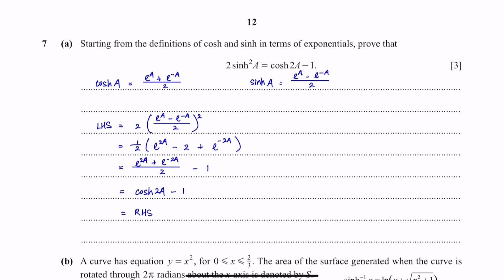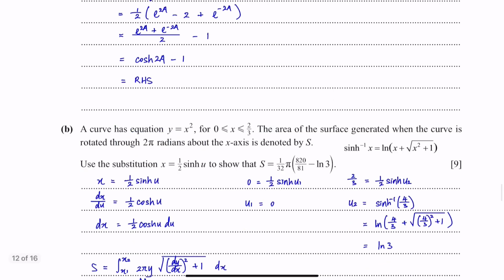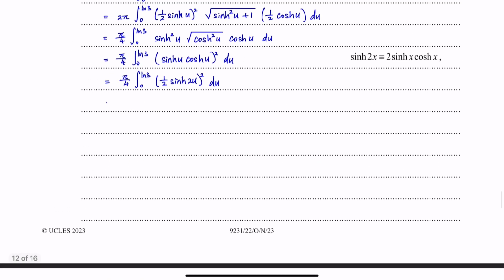So sine squared a equals cos 2a minus 1 over 2, right? So we can use it here.